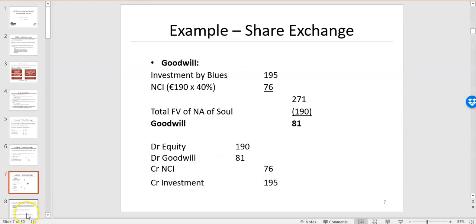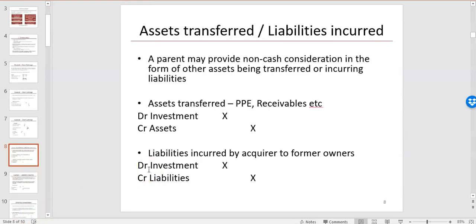So the next alternative then is where, for example, you swap assets or take on liabilities. So instead of, for example, paying cash or shares, you might say, oh, I will give you this particular property or I'll give you some inventory as part of the consideration. If that's the case, it's debit investment and credit assets.